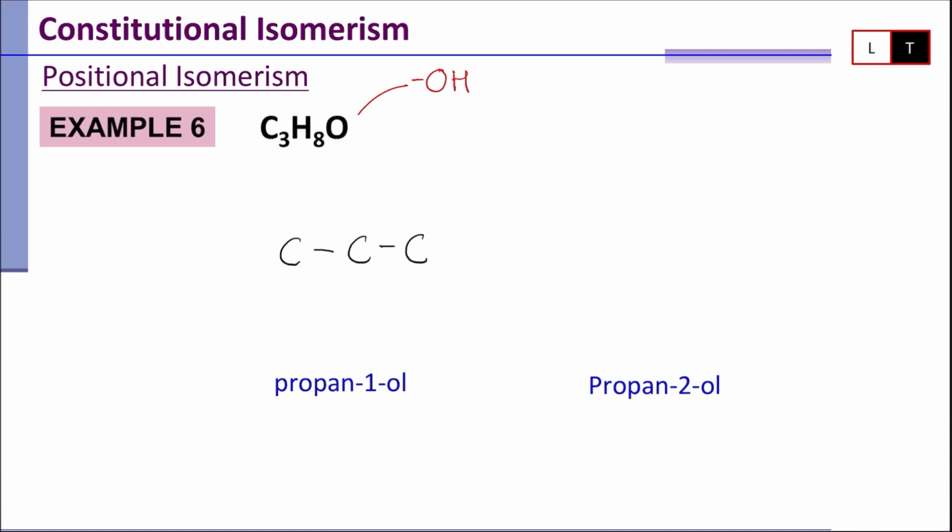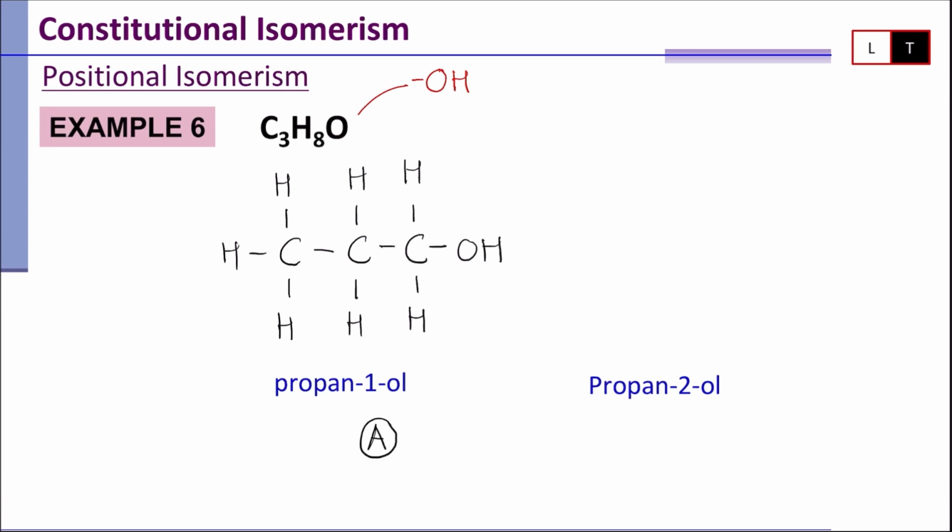And then, I'm going to put my OH group at the first carbon kerana ini adalah propan 1-ol. So, at the first carbon, saya ada OH. And then, the rest of it, fill in, pastikan carbon ada 4 covalent bond kerana dia adalah sp3 hybridization. And then, we got the first structure for the isomer of C3H8O, saya label sebagai A.